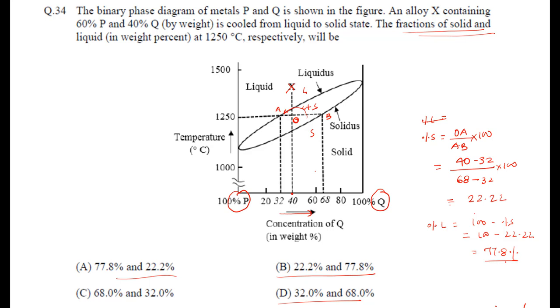So what should be the correct answer? The percentage solid, we know it is 22.22, right? So the correct answer will be answer B. Fine. Now let us move to next question.